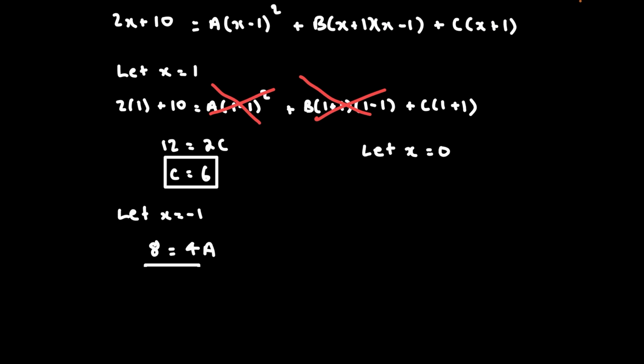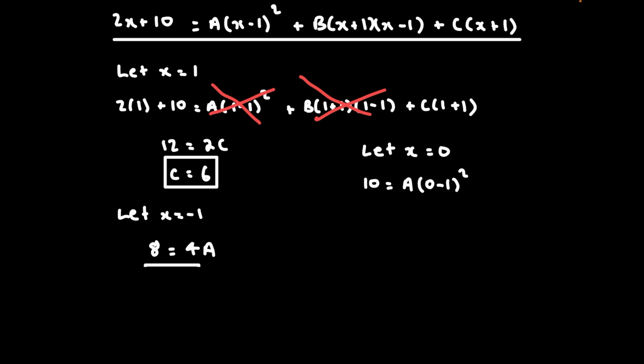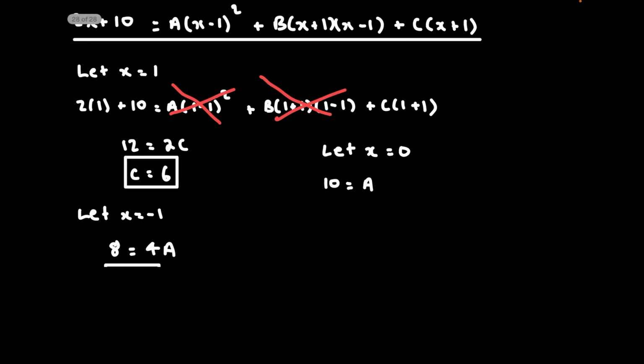So if we let x equal 0, and looking at the very top of this equation here, we can say that 2 times 0, which is just 0, plus 10, so it's just 10, is equal to a times 0 take 1 whole squared. 0 take 1 is minus 1. Minus 1 whole squared is just 1. And a times 1 is just a, obviously.